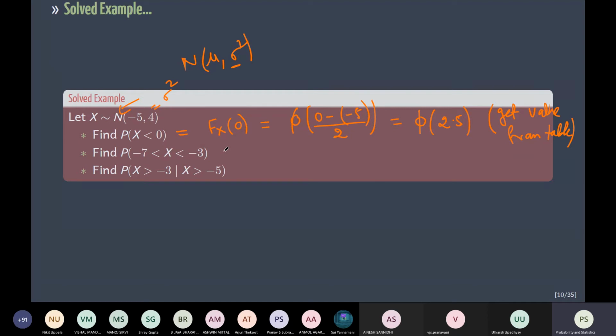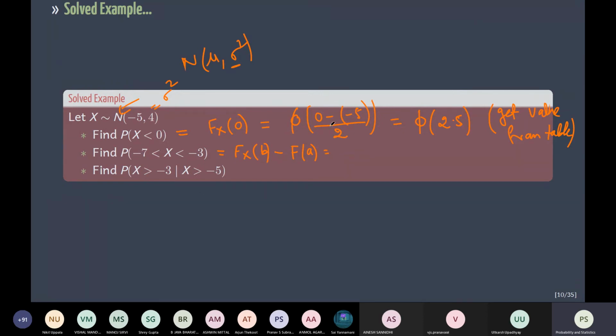In this case, we will use the formula that we described right before: F_X(b) minus F_X(a). Here b is -3 and a is -7.